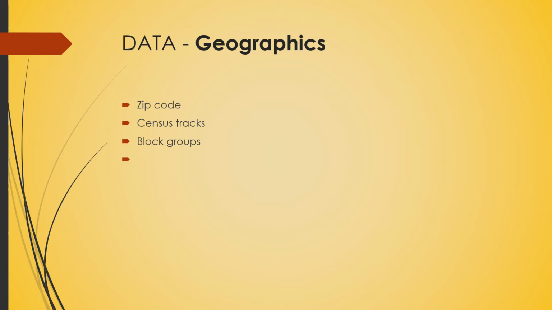Next are geographics. So these are things like your zip code, your census tract, and your block groups.